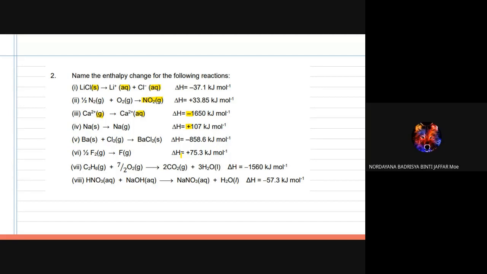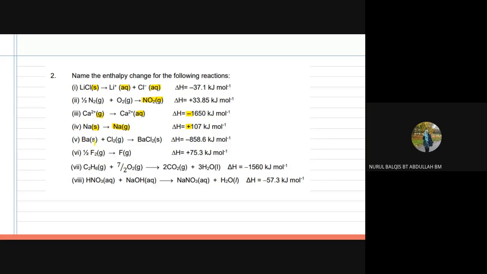The heat absorbed when 1 mole of gaseous atoms is formed from its elements. So we form 1 mole of gaseous atoms, basically one gaseous atom coming from its most stable state, its element. Okay, good. This is enthalpy of atomization.